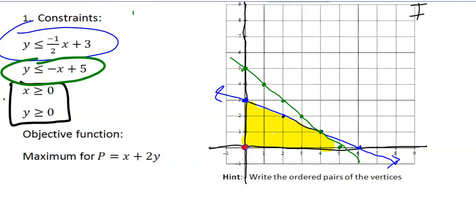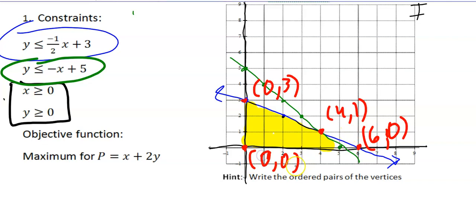What you want to do is identify the vertices. There are 4 of them in this case: (0, 3), (4, 1), (6, 0), and (0, 0). I'm guessing (0, 0) is not going to be a maximum of our function, but let's test all 4 vertices of the feasible region. We're testing by plugging into this equation, and we can do this by hand because the numbers are smaller.